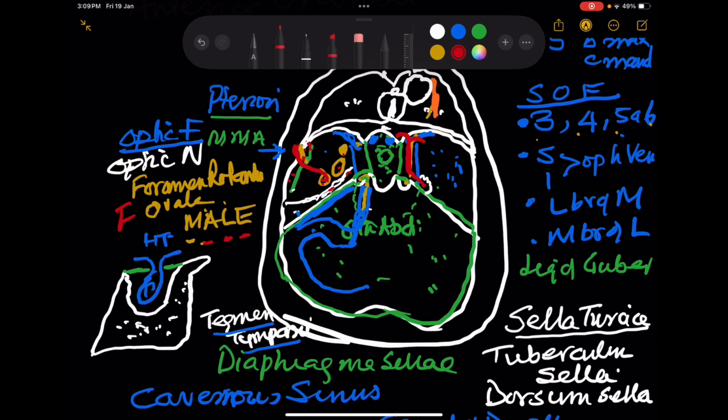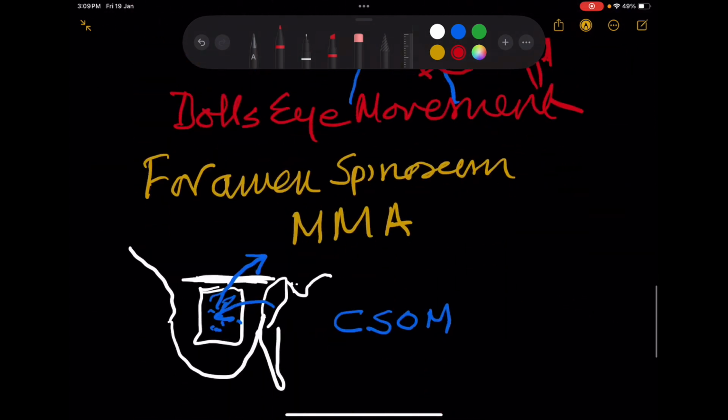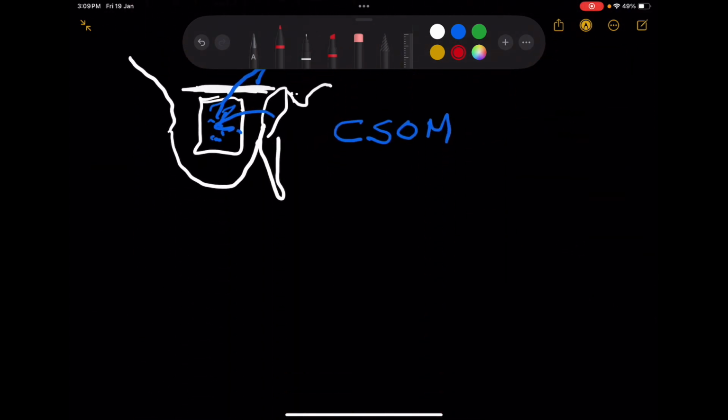The medial slope of the petrous temporal bone. We'll enlarge this area, okay? So this is the petrous temporal bone. All right. And we have made the tegmen tympani here.